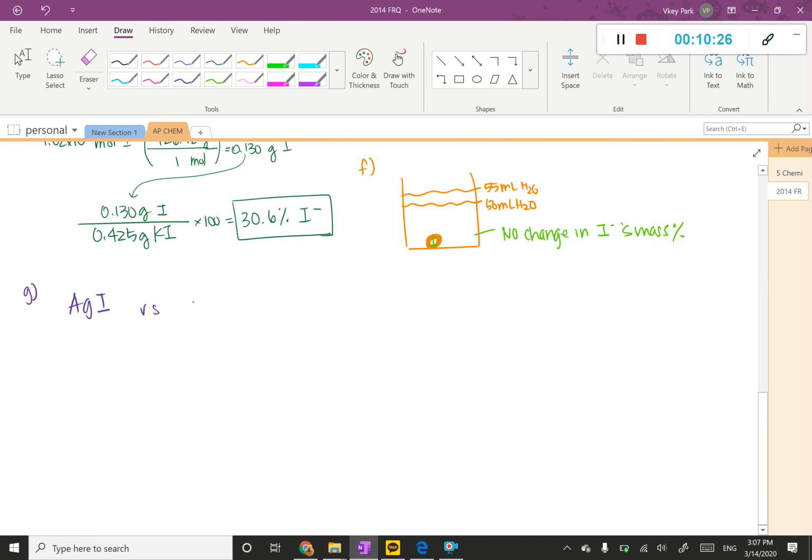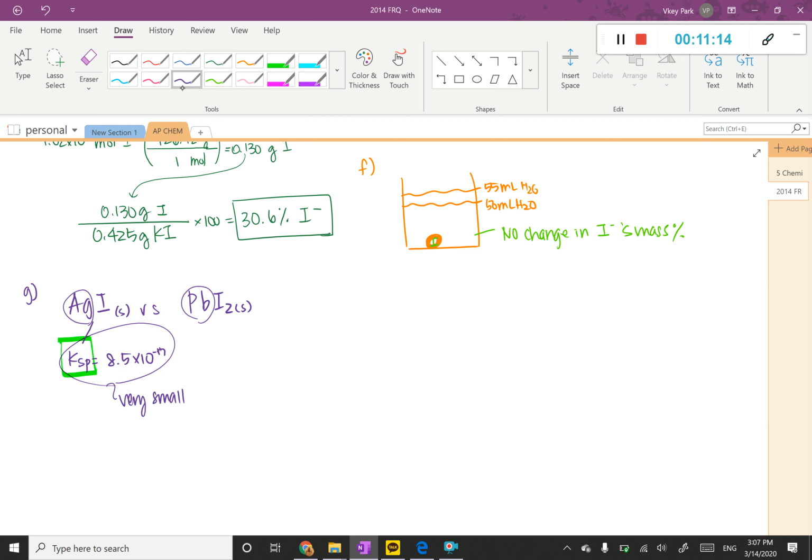Also, the fact that this has a Ksp value, and it's like 8.5 times 10 to the negative 17, is very, very small. Even if you don't know whether it's small or large, because relatively speaking we don't know sometimes, the fact that it has a Ksp value tells you that it's insoluble, at least for the sake of the AP exam.